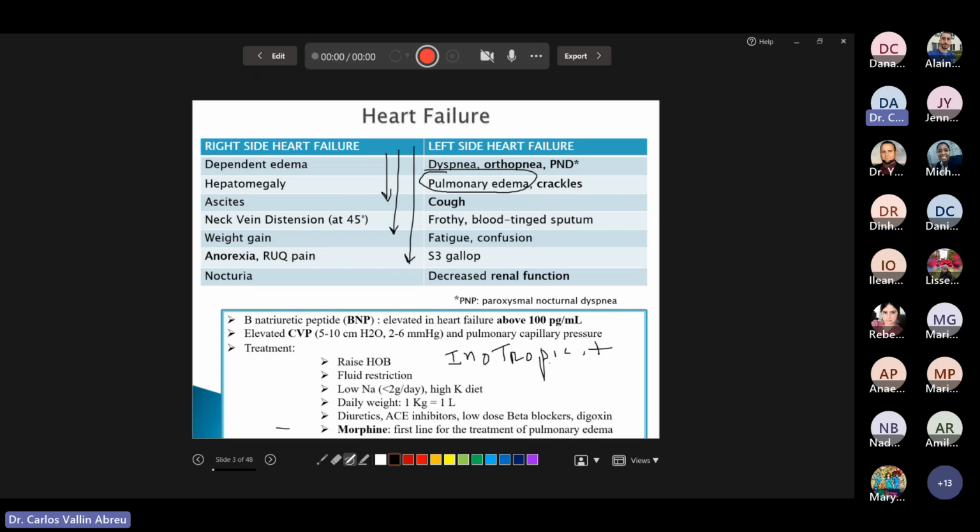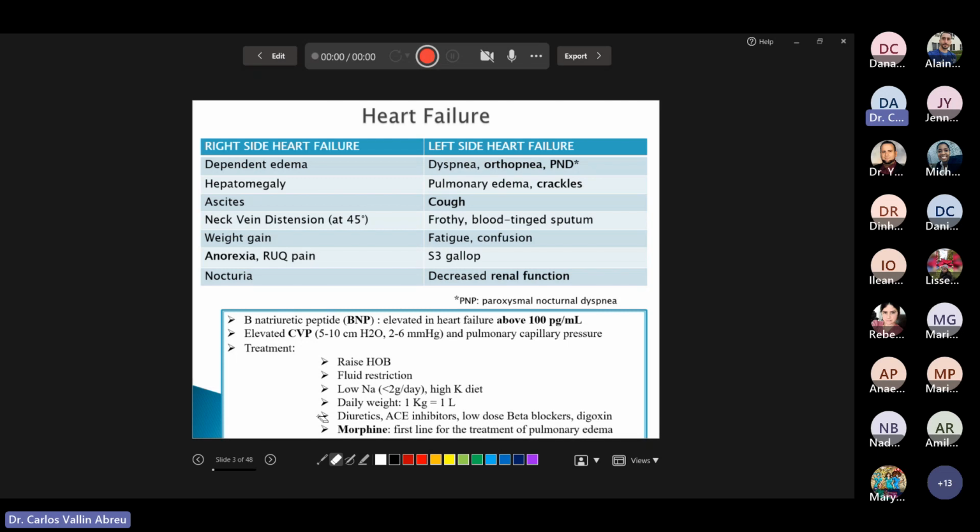But the second, because the morphine is a potent vasodilator. And being a vasodilator, dilating the veins and dilating the arteries will produce an acute, immediate reduction both of the preload and the afterload. So it will decrease the heart work, will decrease the heart demands. You understand? And as a consequence, the heart will have a better function because it needs to work less.